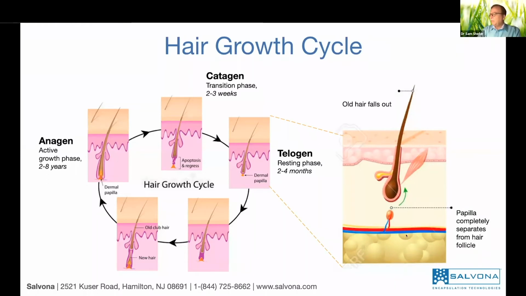You see the papilla completely separates from the hair follicle, and a couple of weeks later the hair can fall down because it doesn't have the support of nutrition. It's disconnected from the bloodstream, and the blood is bringing the oxygen, the nutrients, the growth factors, and everything for healthy growth. When it's disconnected, the hair will thin and eventually be lost.